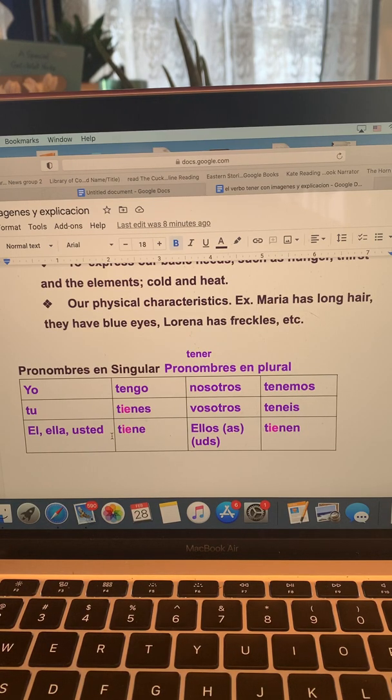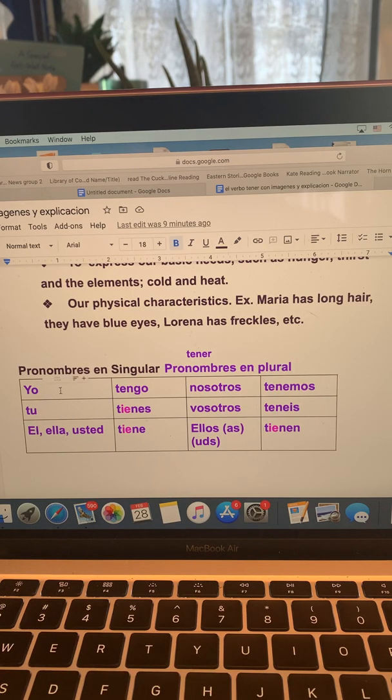So, forgive me for having a 4x3 grid. You know that it's better to have 2x3. And the first step that we're going to do, we set up our singular pronouns. Yo, tú, él, ella, usted.